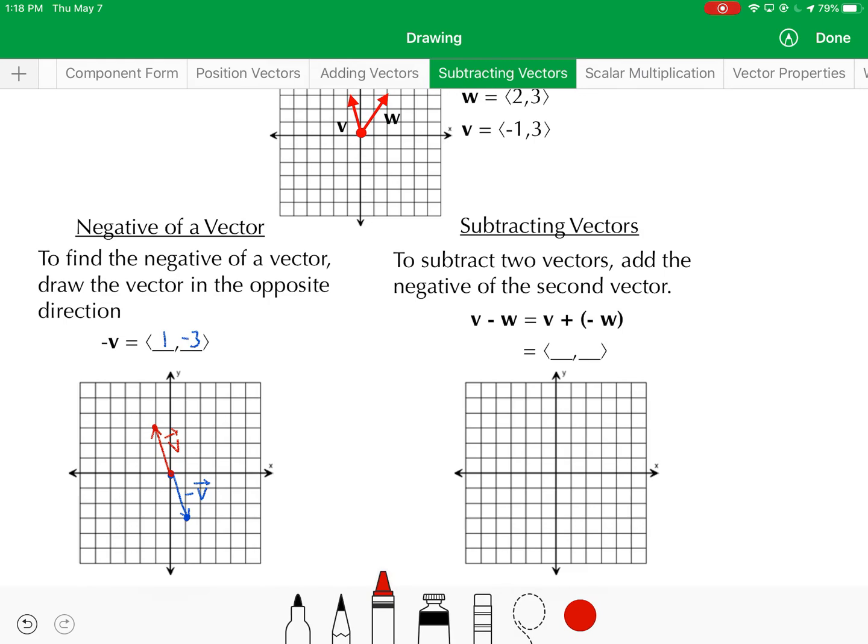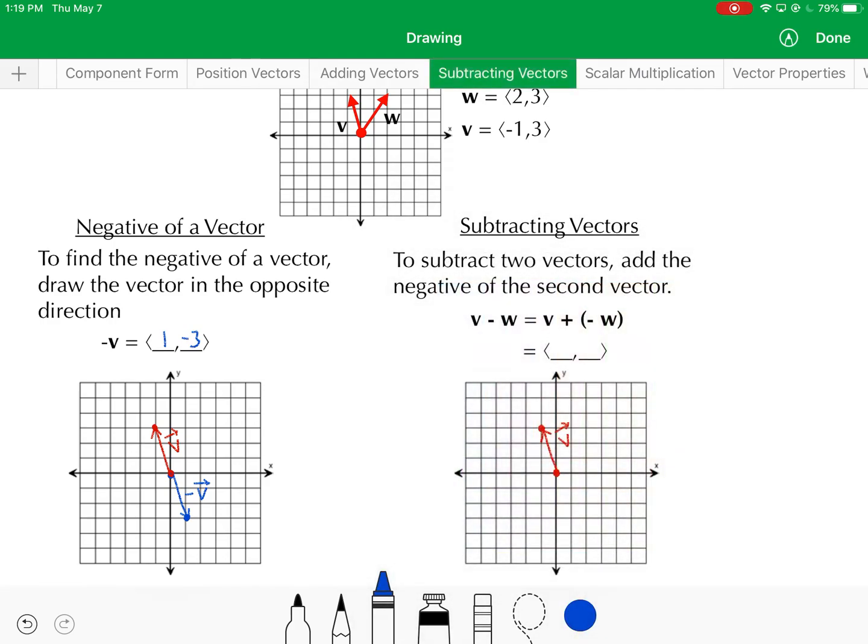Okay, so we'll have to start by drawing out vector V first. So vector V is right here. And then from that terminal point of vector V, I'll now draw out the opposite of vector W, or the negative of vector W. Now vector W, normally you move 2 to the right and 3 up in order to get to its terminal point.